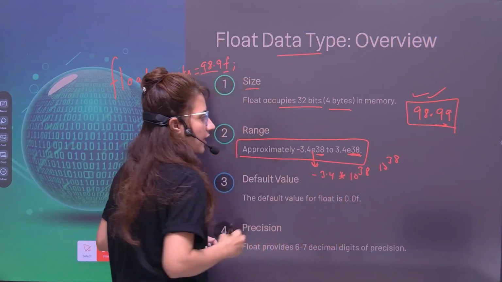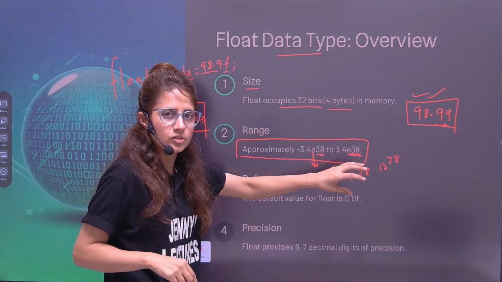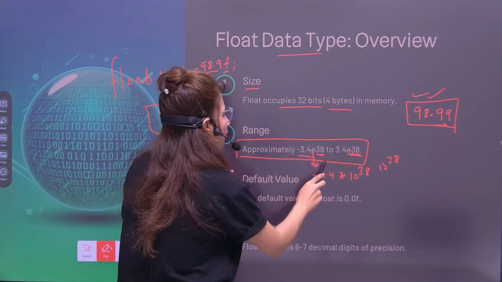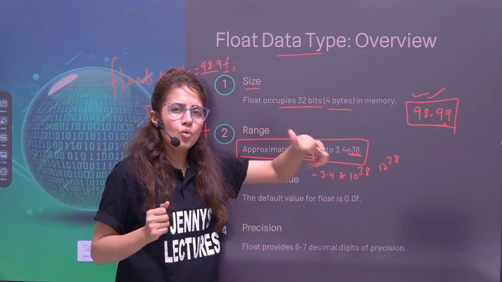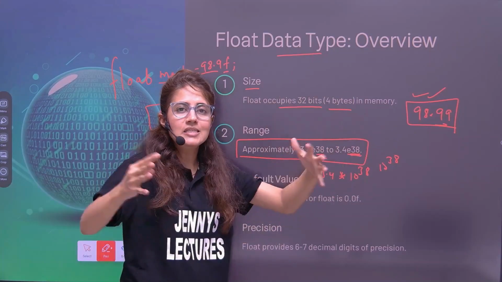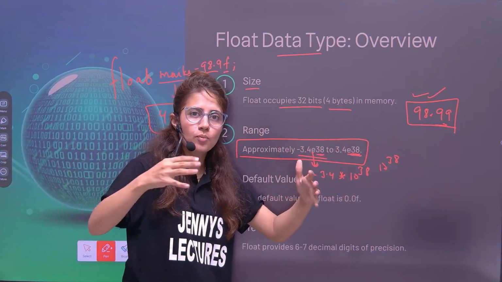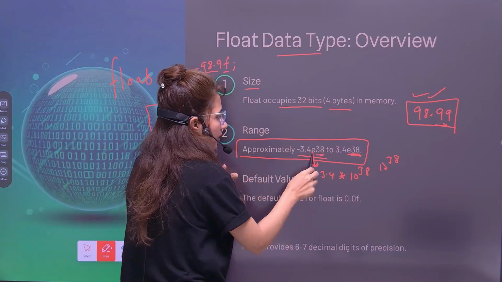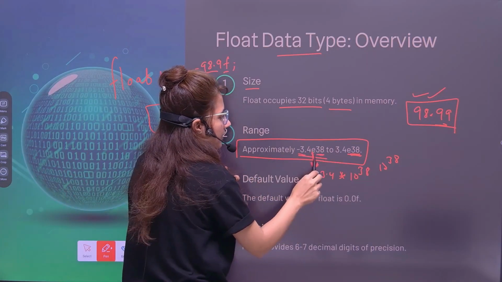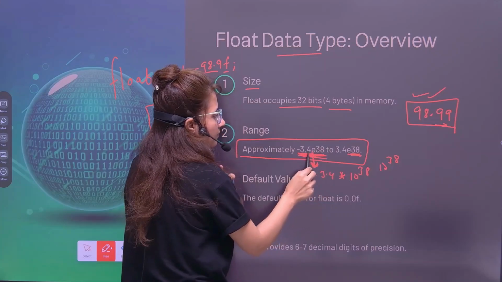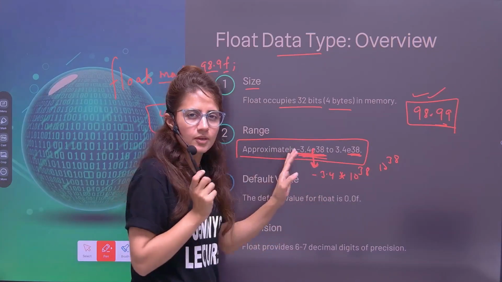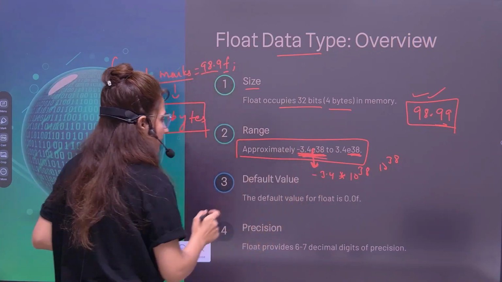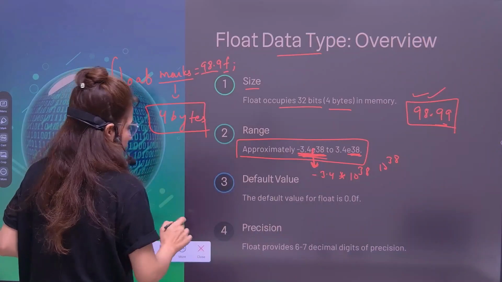This is how we denote this number. These are either very small or very large numbers having many zeros. So rather than writing so many zeros, maybe 10, 20, 30 zeros, computers denote it in scientific notation having E, right? So this is the range.